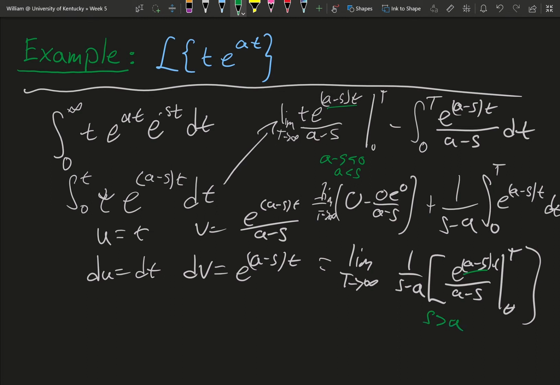But if we have that, then we'll get the limit, 1 over s minus a. That first term is going to be e to the negative infinity, so that's just going to go to 0 over a minus s, and then minus e to the (a minus s) times 0 over a minus s.